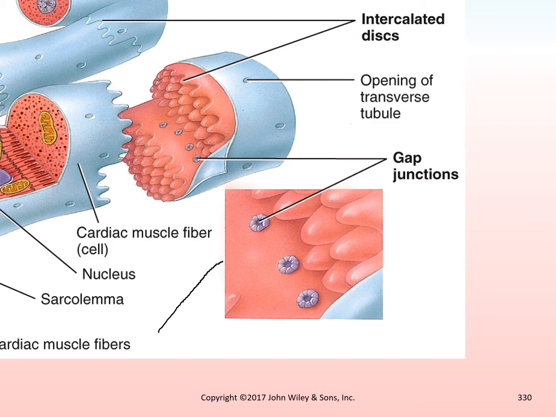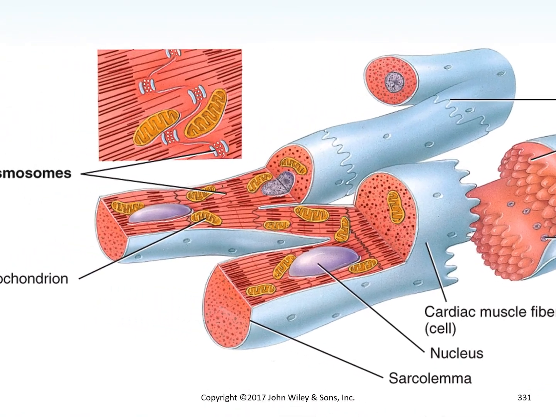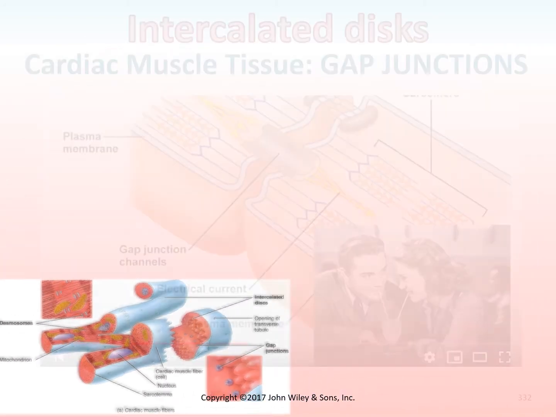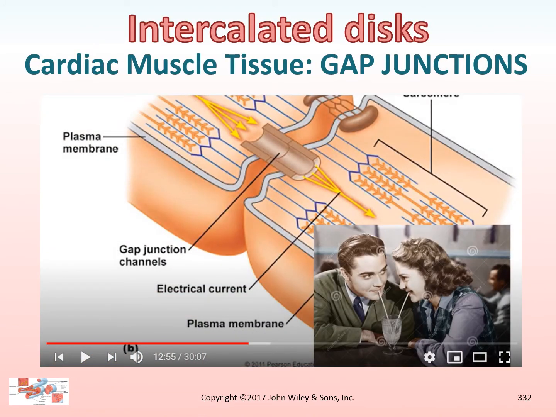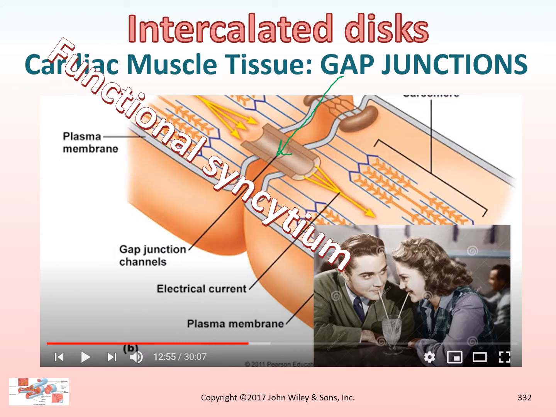These are the gap junctions. And those represent the desmosomes. These gap junctions right here, they allow sodium and other electrolytes to go from one to the other cell, causing the heart to be a functional syncytium.